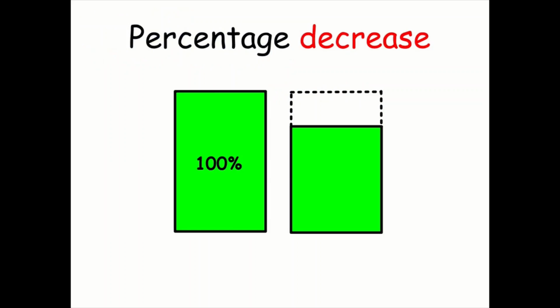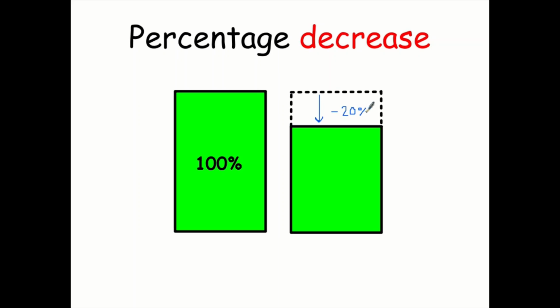Okay, percentage decrease. What does this mean for multipliers? Well, if you've got your full amount here and you are decreasing by a given amount, let's say you are decreasing by 20%, so you're taking off 20%.